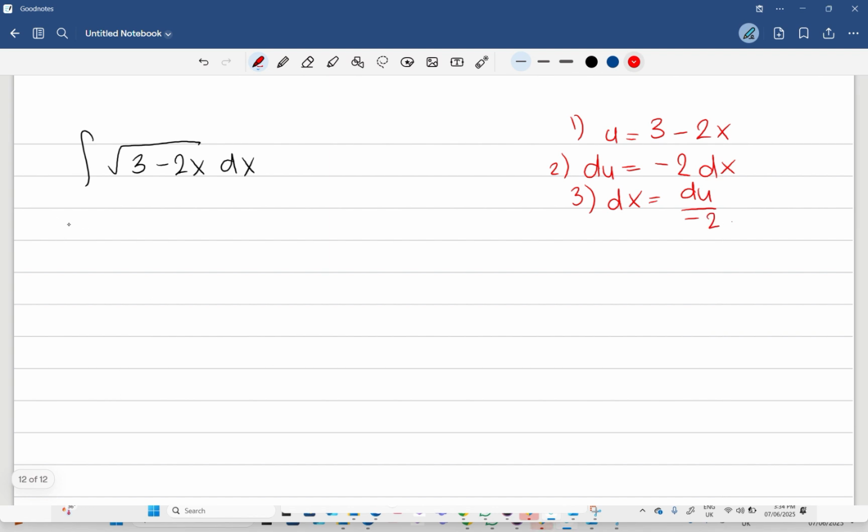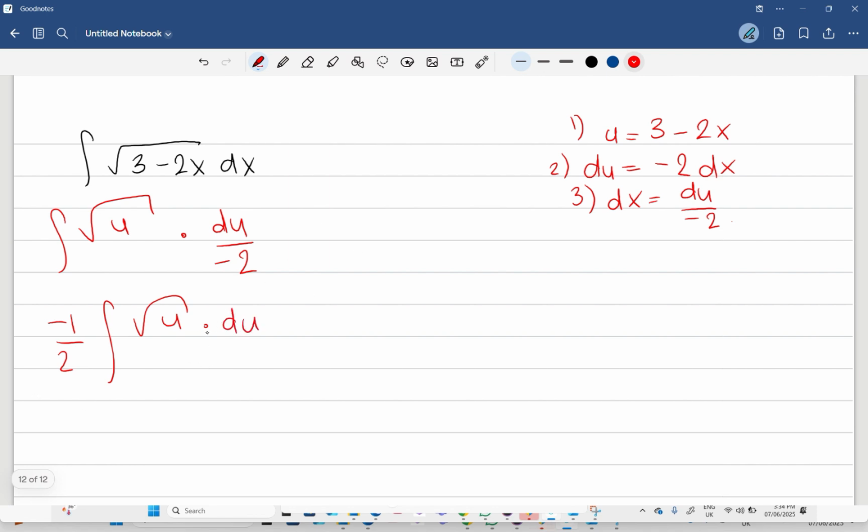Now let's go back to my equation. The integral of radical u multiplied by dx, which we found to be du over negative 2. This is the same thing as 1 over negative 2 du. So I'm going to take negative 1 over 2 outside, radical u du. We don't have to write the multiplication.